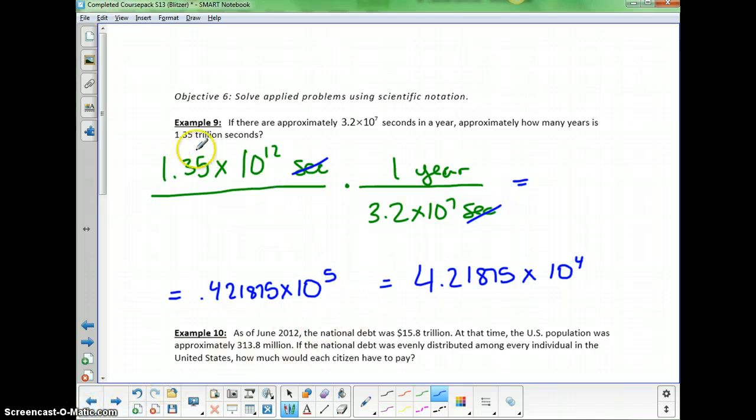So 1.35 trillion seconds is about 4.2 times 10 to the 4th years.